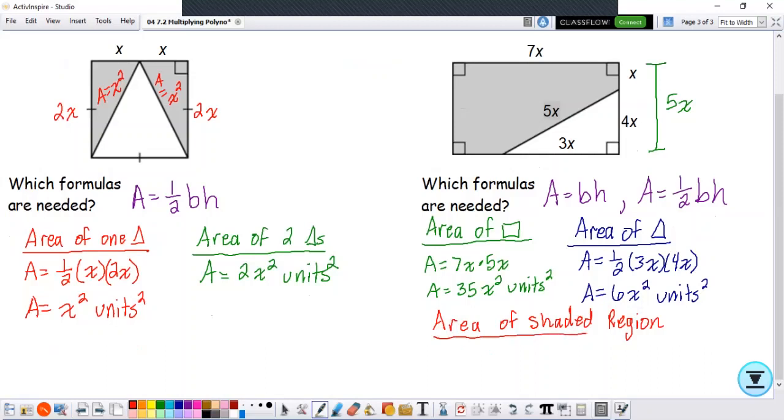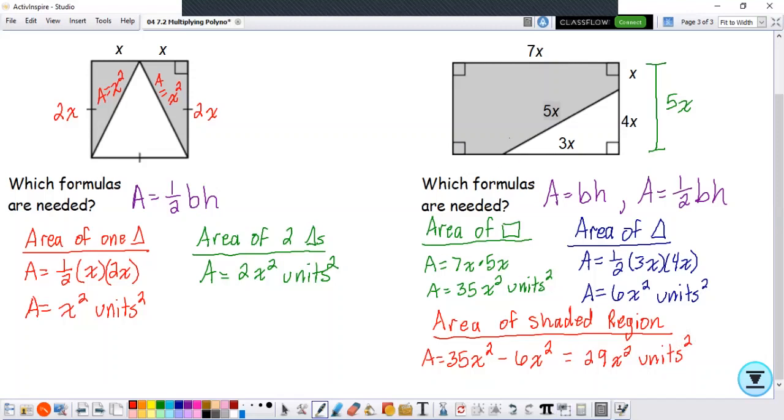So the area of the rectangle was 35x squared square units, and the area of the triangle was 6x squared square units. So that leaves me an area of 29x squared square units for my shaded region.